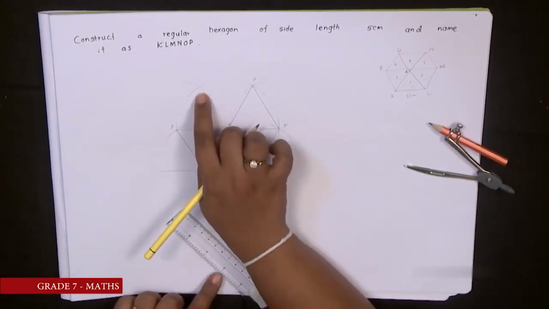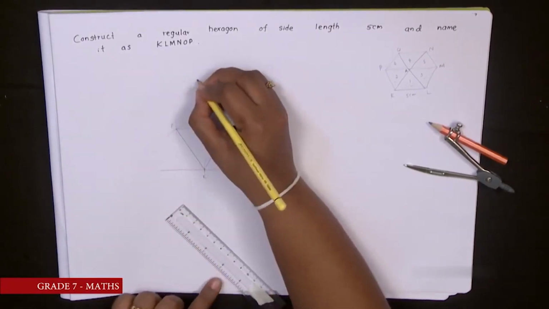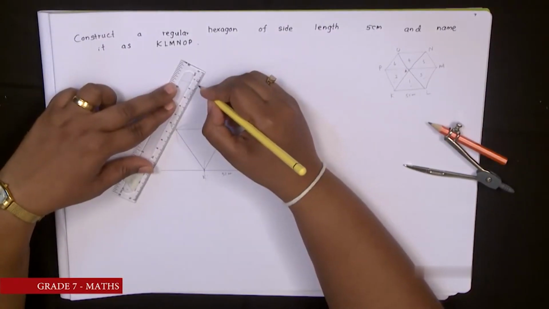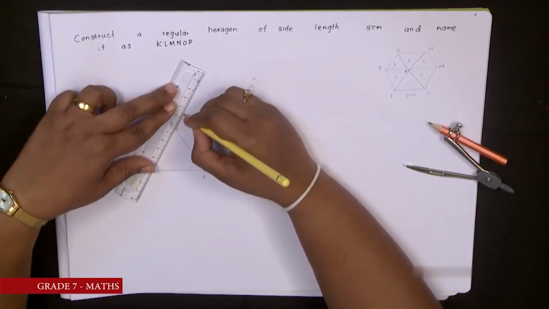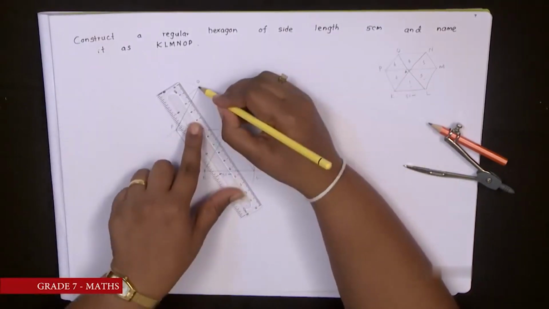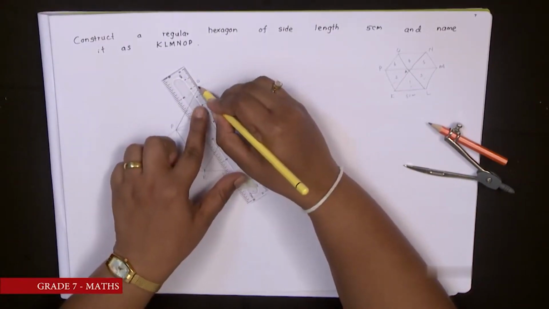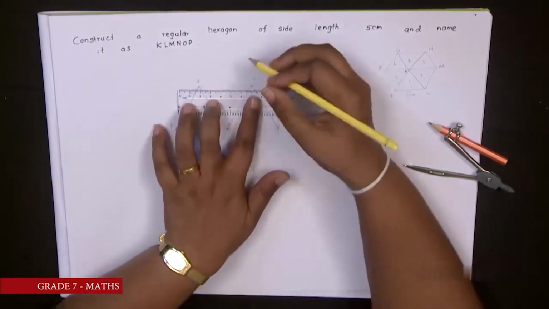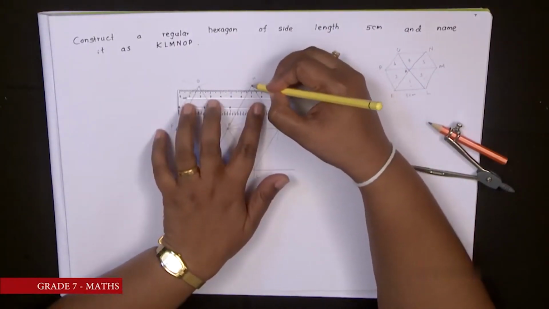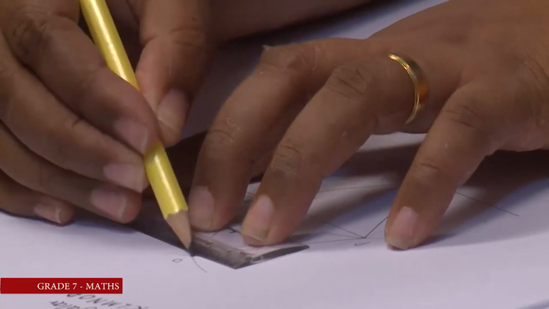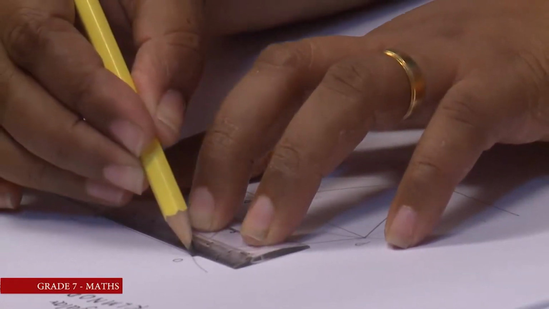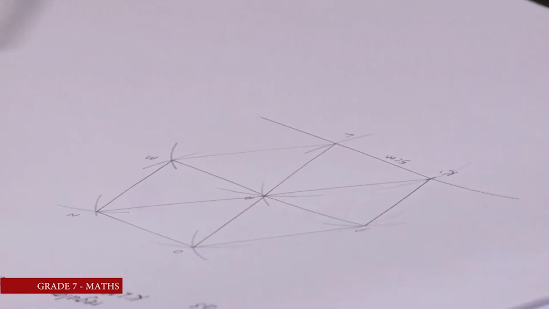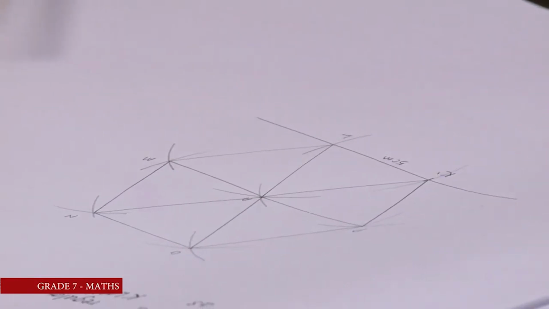Now I got the final vertex, that is O. So I can join the points OP, OA and ON. Right. Now I have completely constructed my regular hexagon.